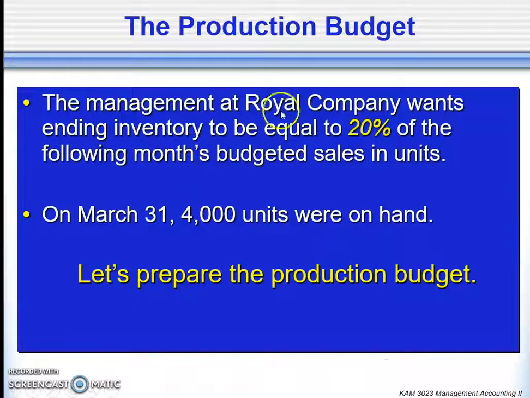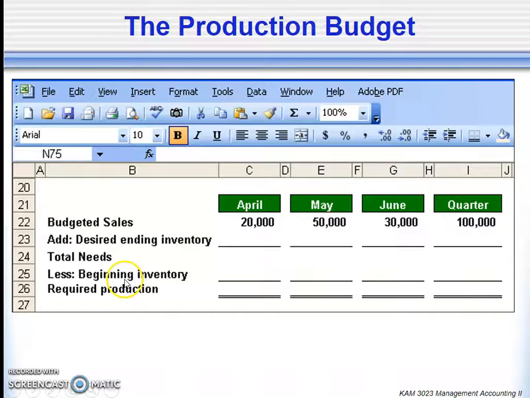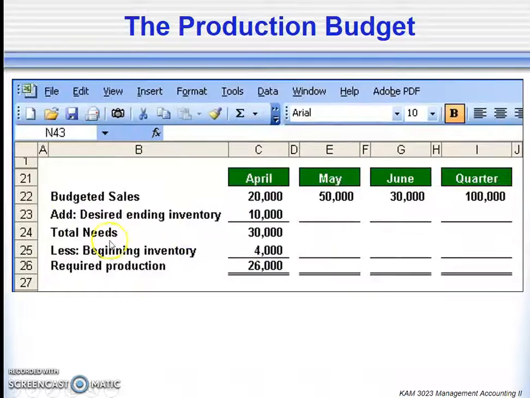The management at Royal Company, this is the example, wants ending inventory to be equal to 20% of the following month's budgeted sales in units. On March 31st, 4,000 units were on hand. So let's prepare the production budget. Budgeted sales plus the desired ending inventory, we get the total needs, and then less the beginning inventory.